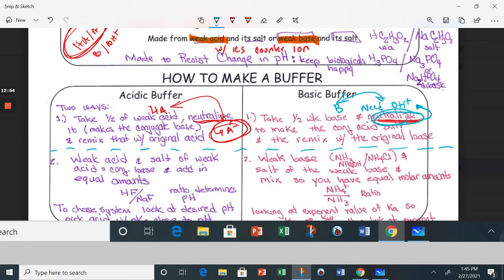Choose the 2 chemicals to make a buffer and describe the procedure. And you need this buffer to be a certain pH. So when you do that, you look for the weak acid and the salt of the weak acid, and you measure them and add them in equal amounts. Equal number of moles in the same volume.